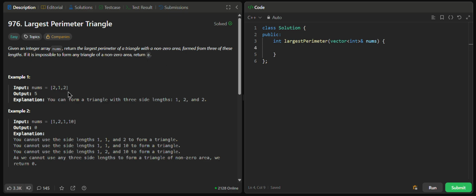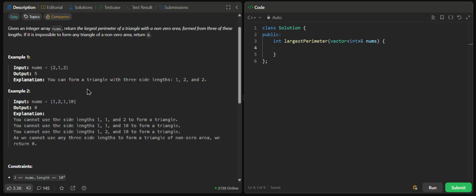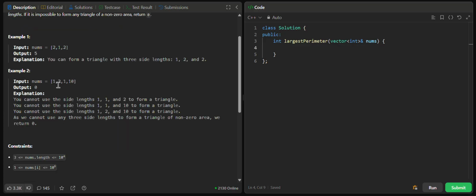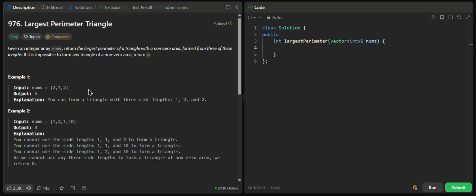Basically, we are given an array, and the elements of this array are just the sides of triangles, and we have to return the maximum perimeter of a triangle whose area is non-zero.